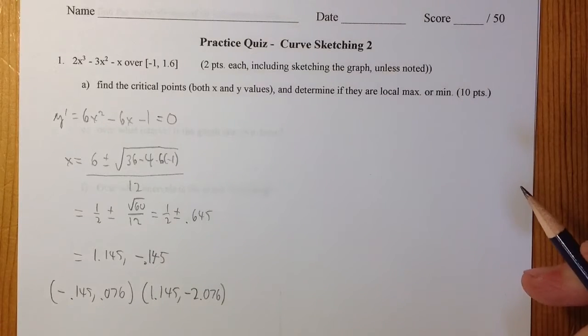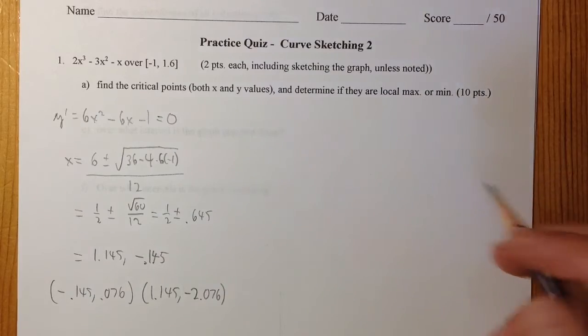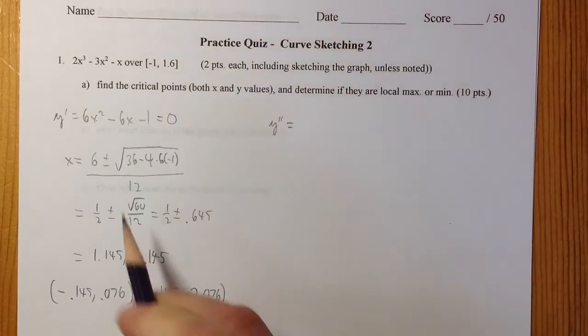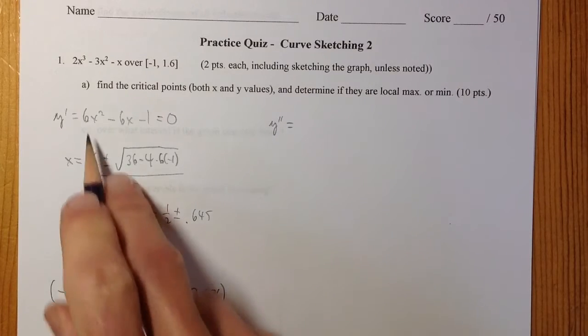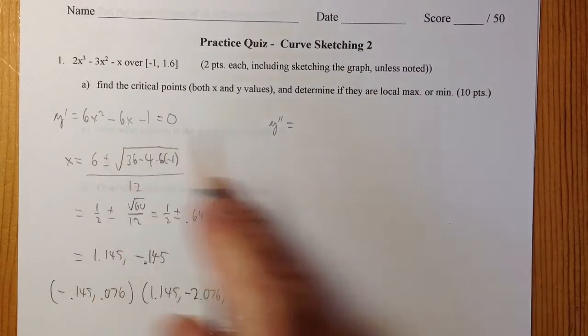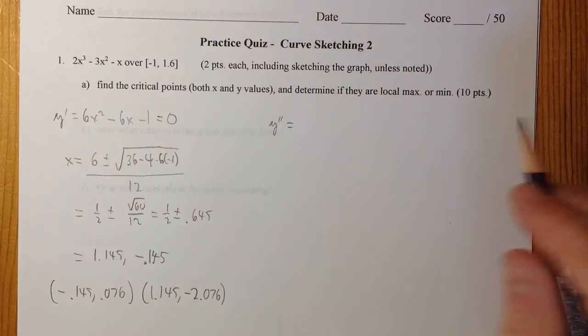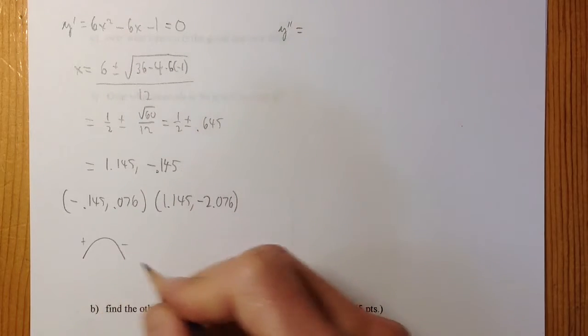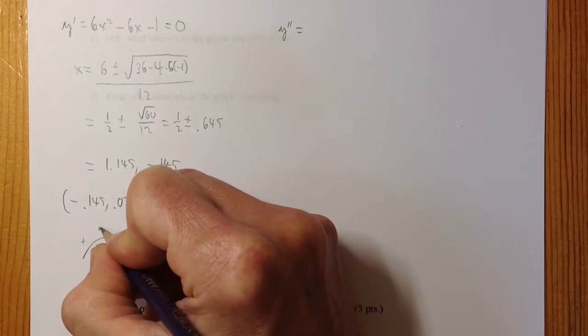Now we gotta know if they're max or min, so we take the second derivative. Again, we don't have to. We can plug in numbers on either side into the first derivative formula and see if it goes from positive to negative. If it goes from positive to negative slope, then we know that it's a max.